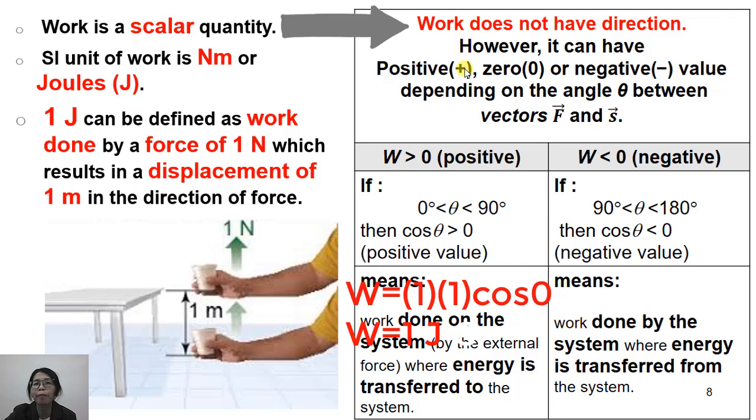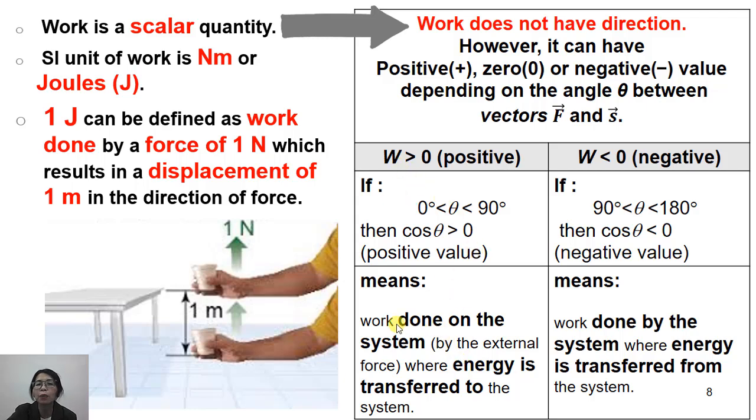However, it can have a positive, 0 or negative value depending on the angle theta between the force vector and the displacement. If the angle between the force and displacement is between 0 and 90 degrees, cos theta is greater than 0, which gives a positive value for work.